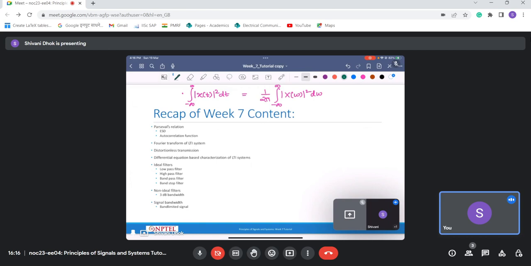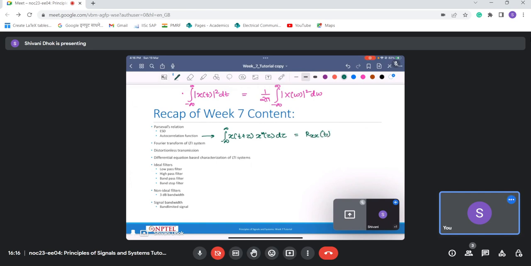The other thing that was covered was the autocorrelation function. The autocorrelation of a signal, say x of t, is given as the integral from minus infinity to infinity of x of t plus tau into x conjugate of tau d tau, and this is represented as Rxx of t.